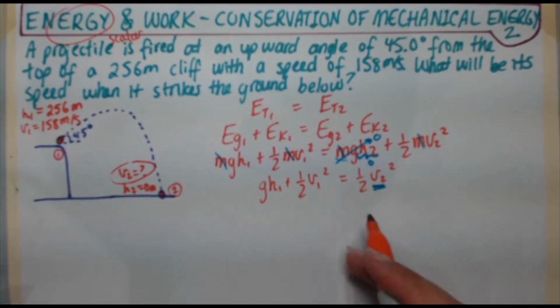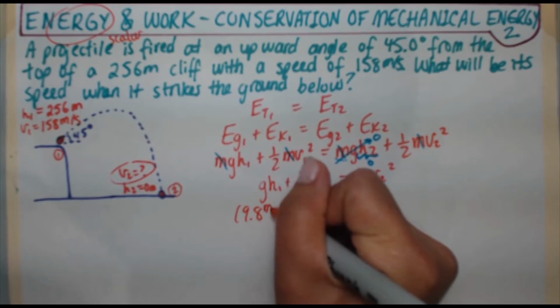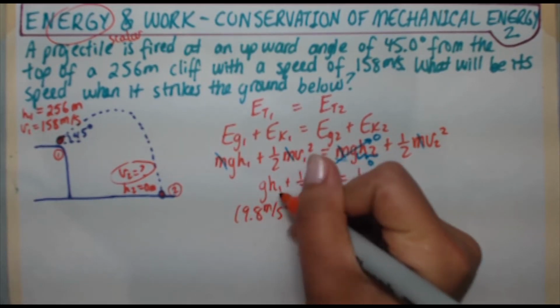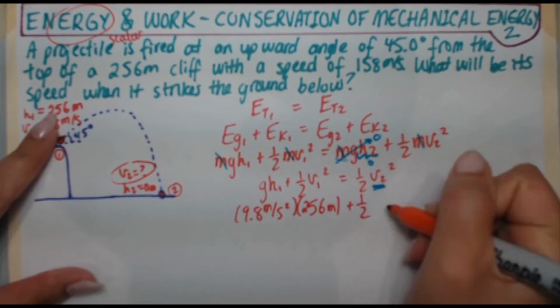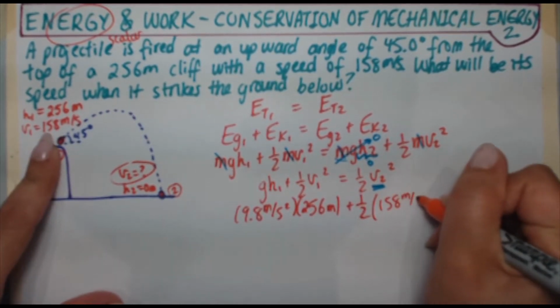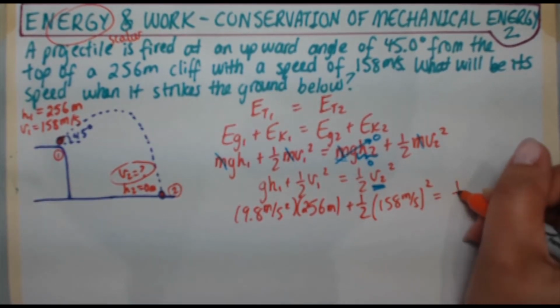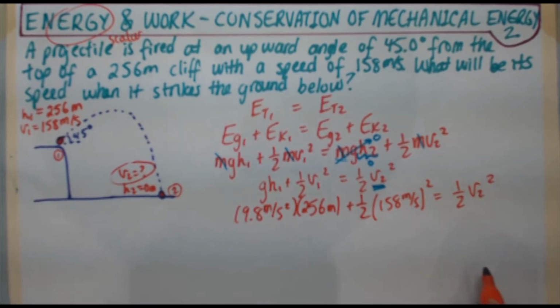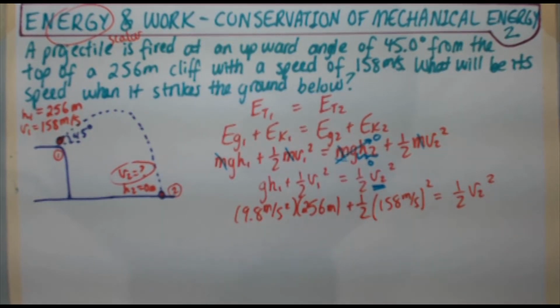So I'm just going to go ahead and plug my stuff in. 9.8 meters per second squared, h1 is 256 meters, plus 1/2 v1 squared. v1 is 158. So you see, you don't have to do components or anything. You just plug it in as is, equals 1/2 v2 squared. I'm going to solve this first, then I'll multiply both sides by 2 to get the v2 squared by itself.